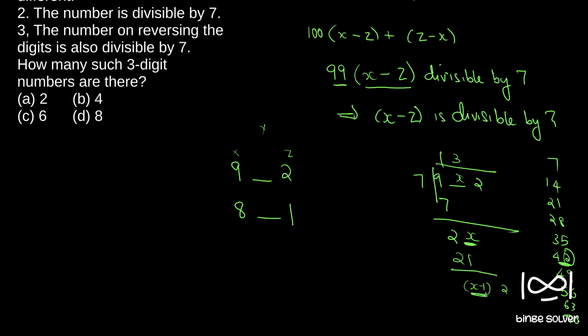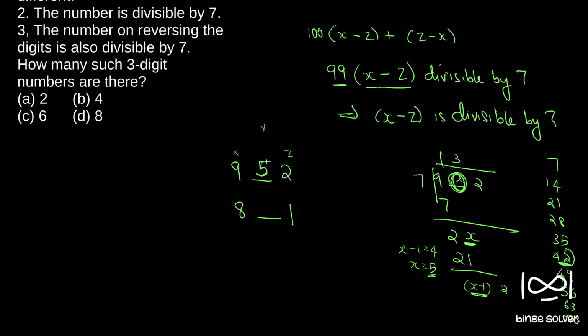Sorry, x minus 1 has to be 4 for this number to be divisible. So x minus 1 equal to 4 means x is equal to 5. So 952 is the number that will satisfy the divisibility criteria.